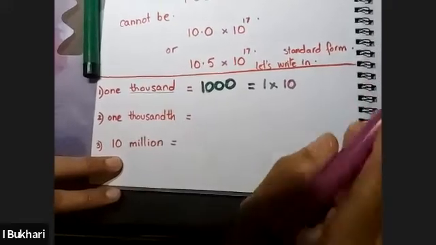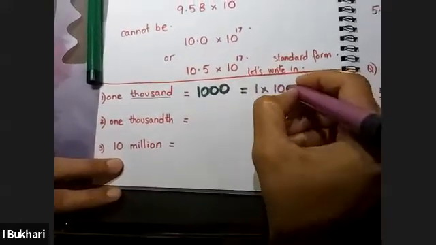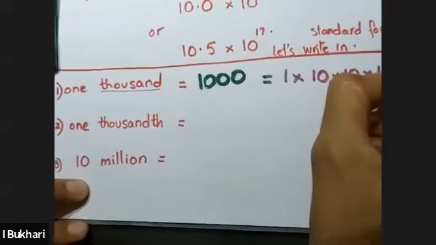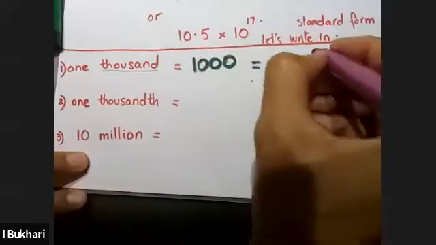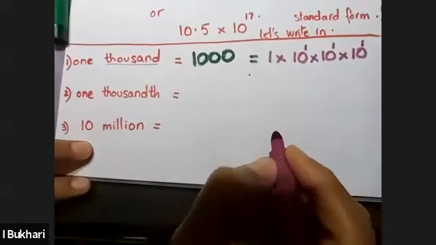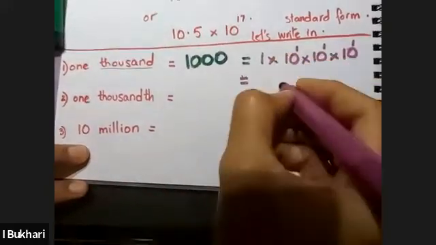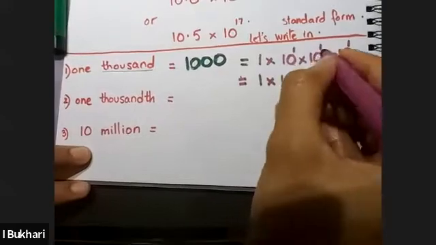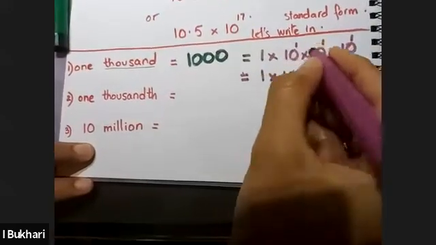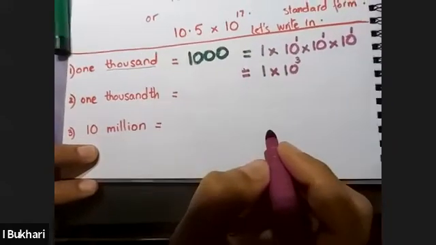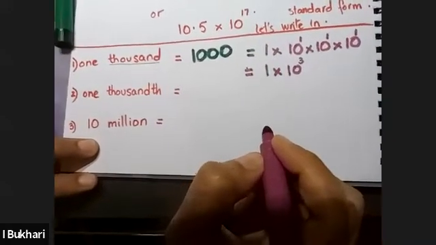So I think that means 10 is getting multiplied by itself 3 times. Right. And now all the 10s have the power 1, right? So now when I write it in the power form, how will I write? I will add all these powers up, right? 1, 2, 3. So 10 to the power 3, right?